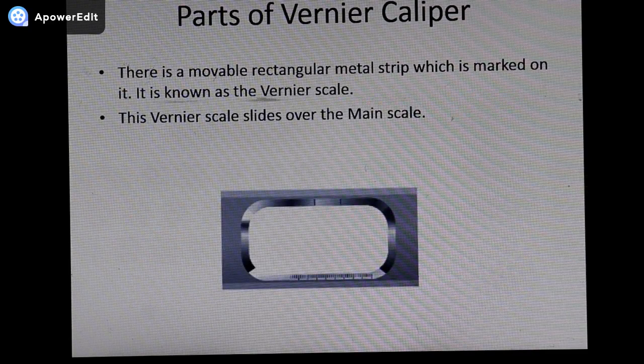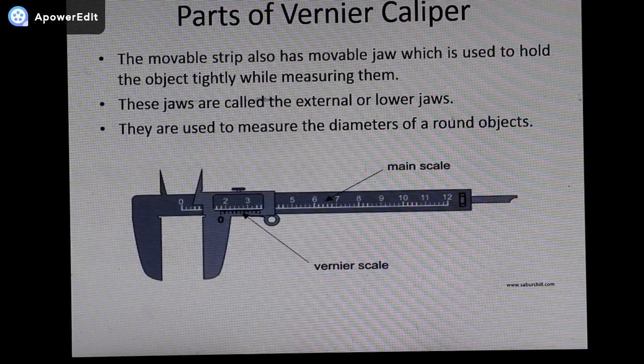There is also a movable rectangular metal strip which has markings on it. It is called the vernier scale. This vernier scale always slides over the main scale. You can see in this figure, this is a vernier scale which can slide in this way on the main scale, and it has another jaw.